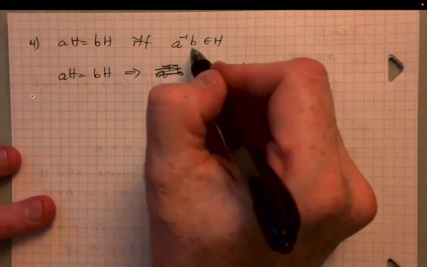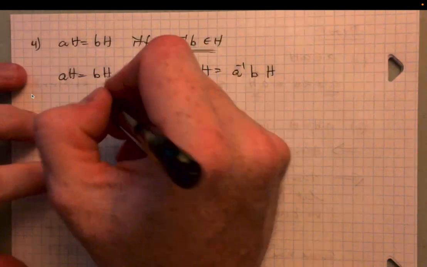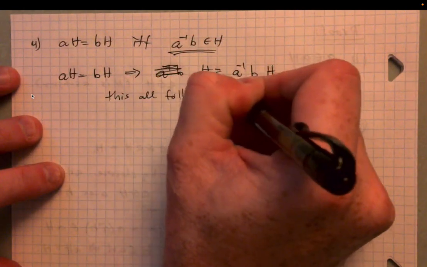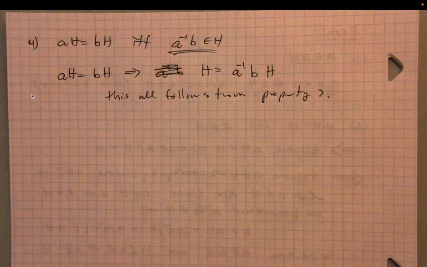Which is basically the result here. And so this follows from property 2, just like the previous one did.